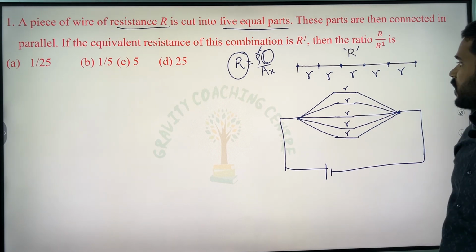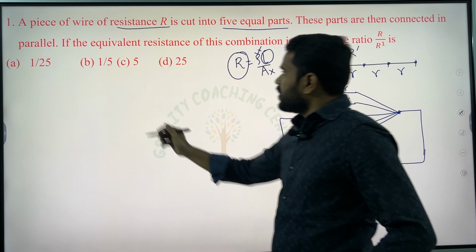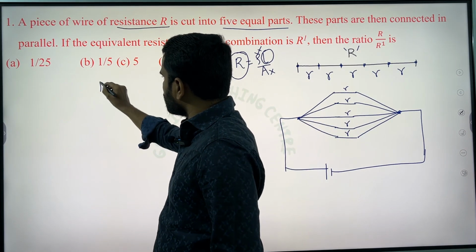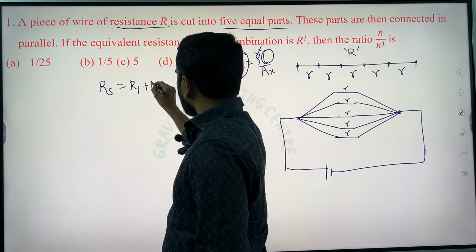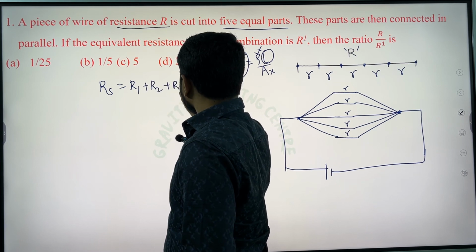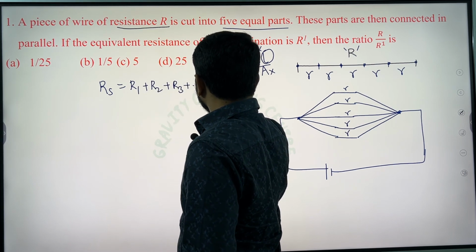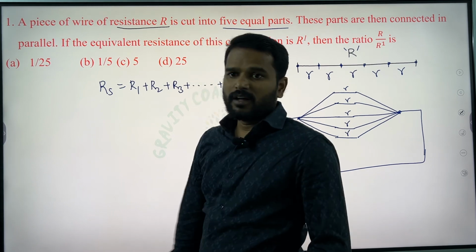We have to remember one thing: in series, the equivalent resistance is R1 plus R2 plus R3 plus so on plus Rn.